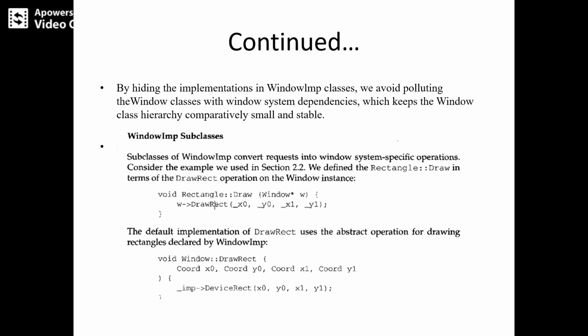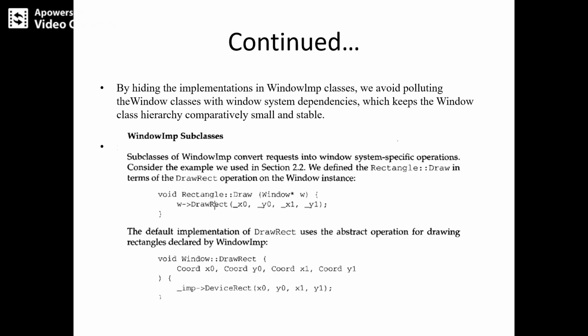Subclasses of window convert requests into window system specific operations. For example, we used in the previous section the draw rectangle operation, which is implemented using the device rectangle operation of the window IMP instance.